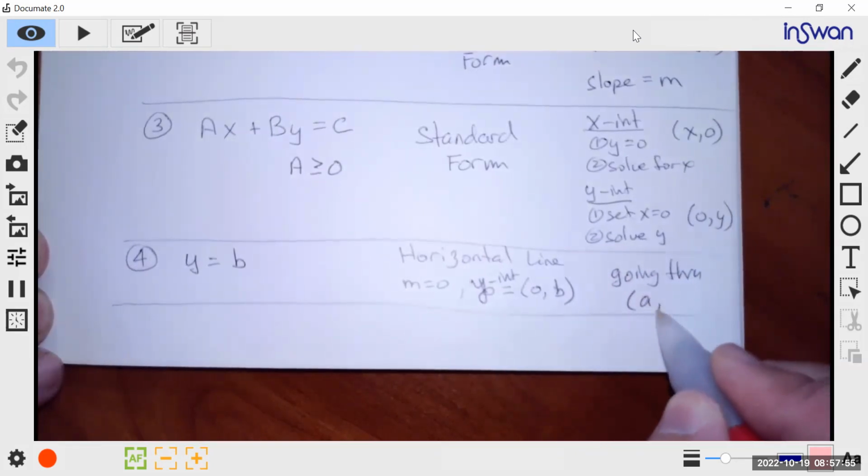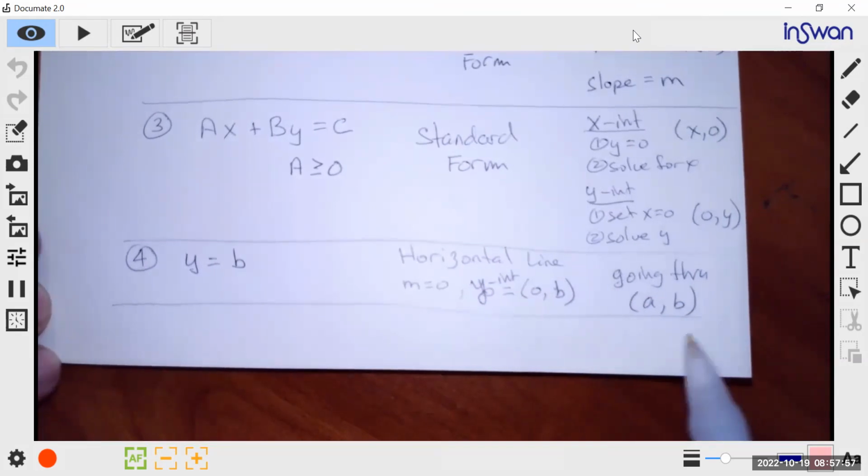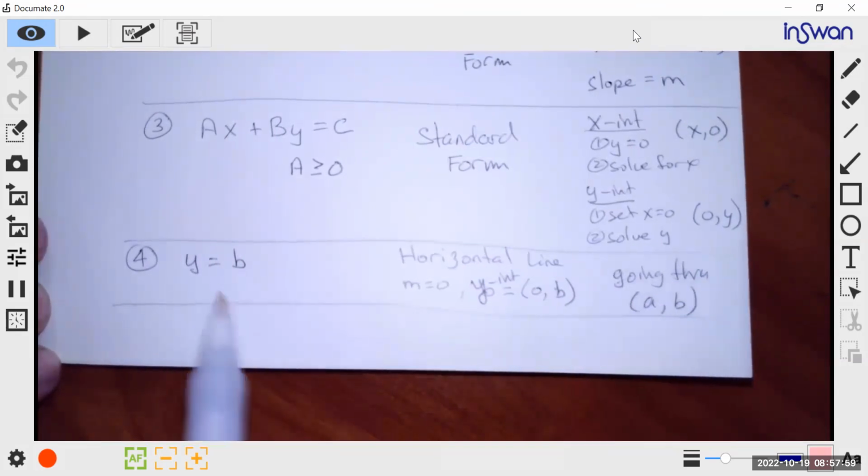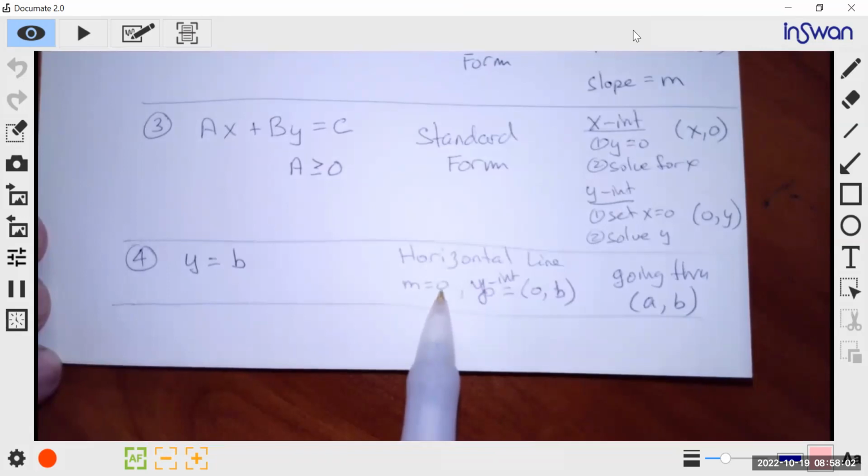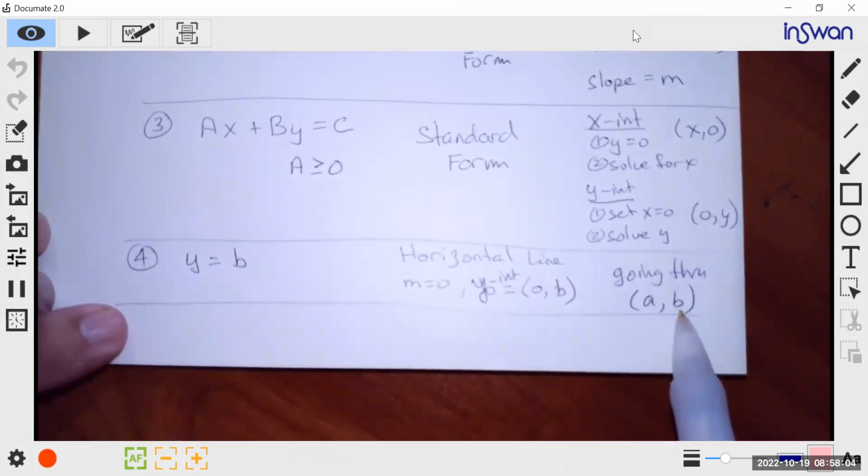Going through the point (a, b). So if I give you a point and I say that the slope is 0, the equation is simply y equals the y value.